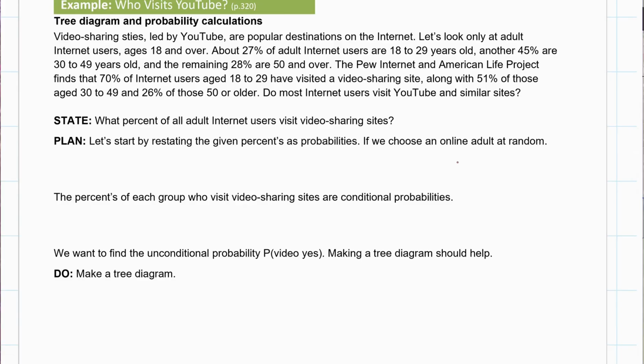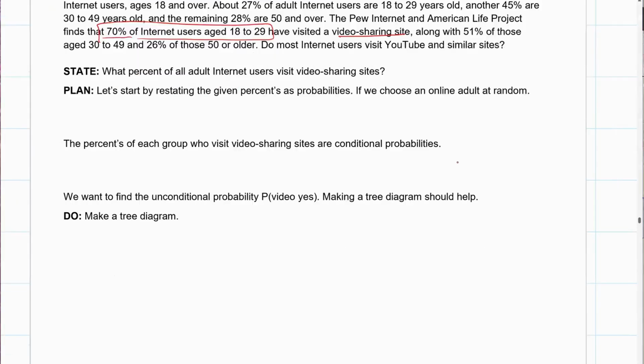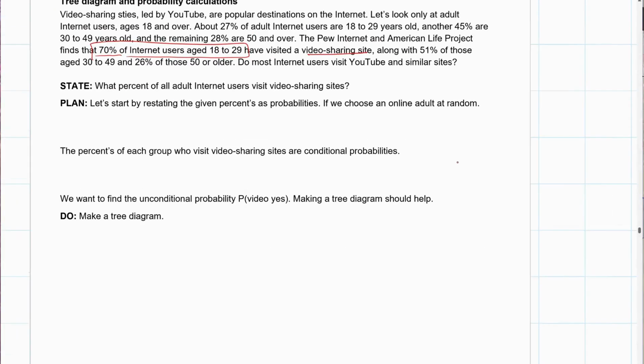Another 45% are 30 to 49s, and the remaining of them are old, like me, 50 and over. The Pew Internet Life Project finds that 70% of the internet users that are at age have gone to video sharing sites. So let's start taking a look at what this tree diagram could look like.